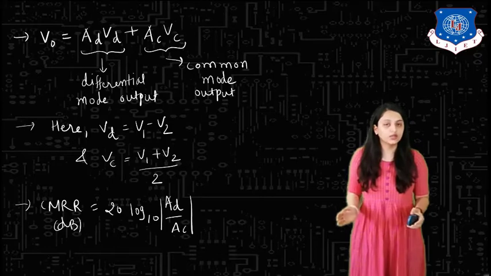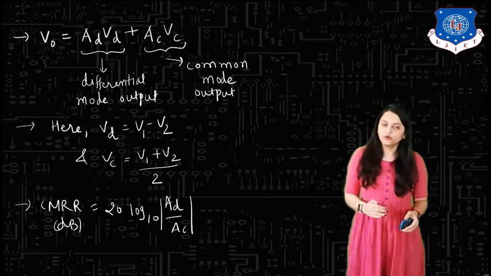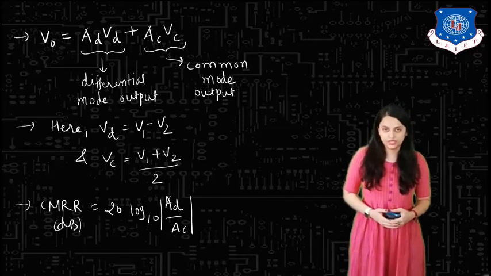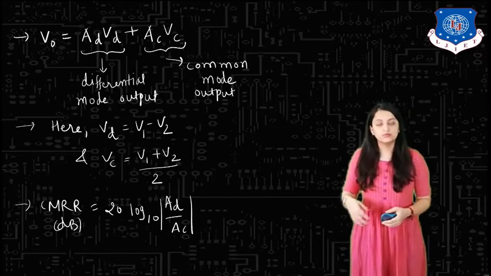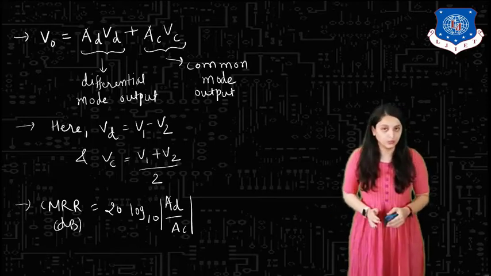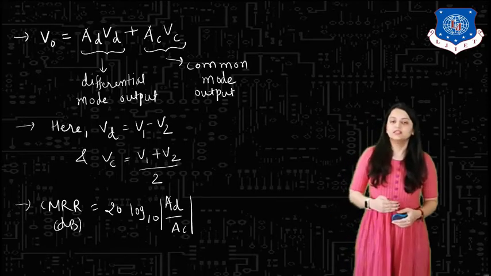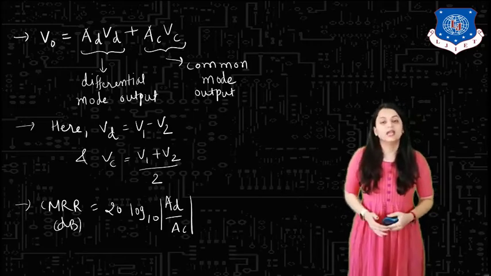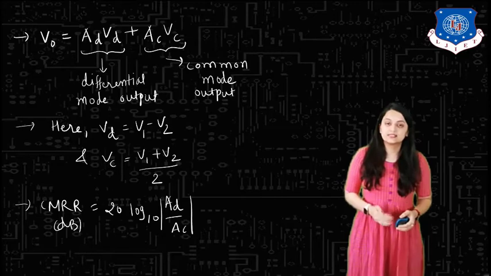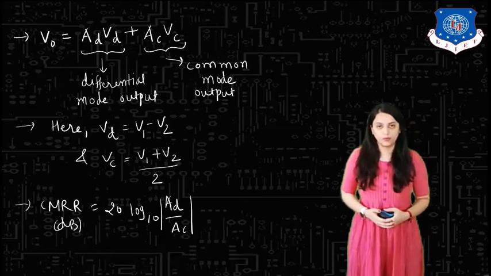That means they are not of the same value. If both the inputs are equal, that is called common mode operation. That means both the inputs will be of the same value, for example 10 volts or 5 volts, but both values will be equal. So when the two inputs are different, it is called differential mode of operation, and if the two inputs are the same, it is called common mode operation.